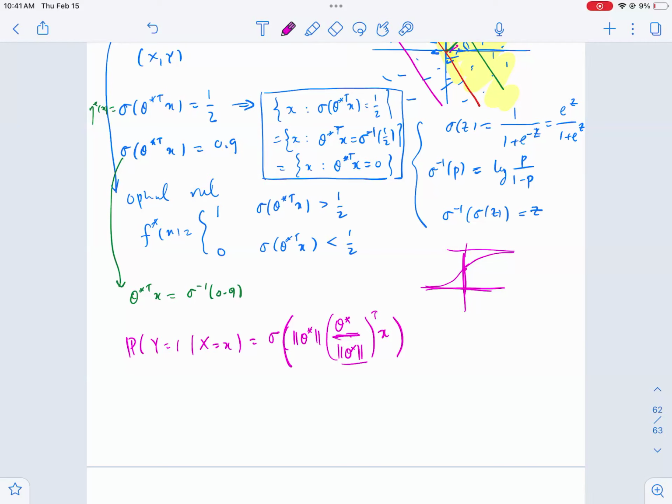So if I call this U star, for example, and define a sigma tilde of z to be sigma of the norm of theta star times z, then this is sigma tilde of U star transpose x. This function I can plot, and the slope is going to change. If the norm of theta star is very large, it's going to sharply switch from 0 to 1.